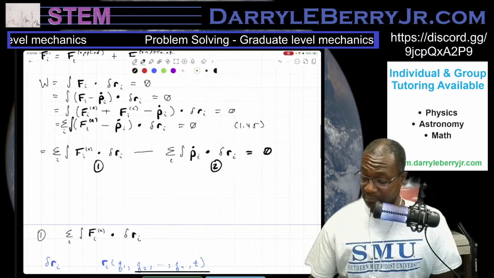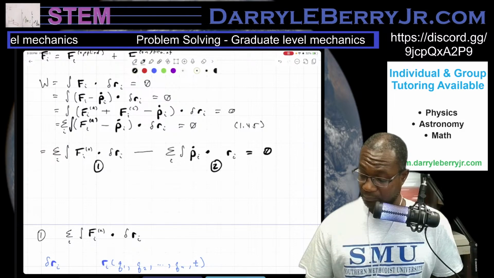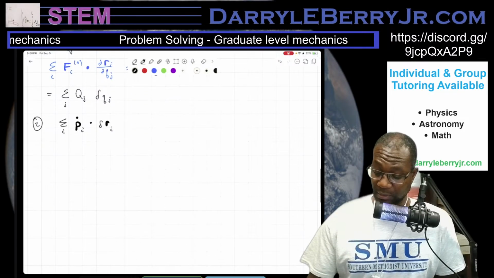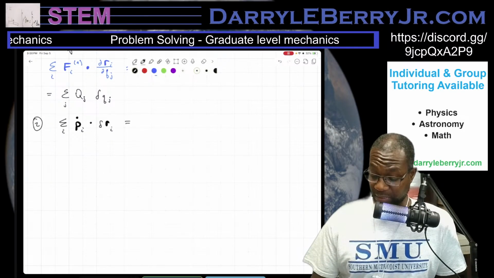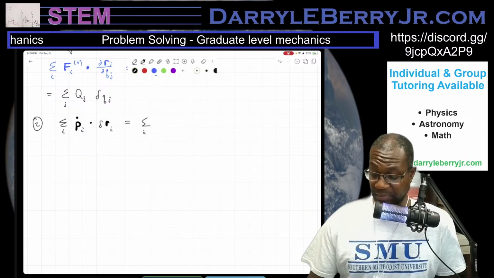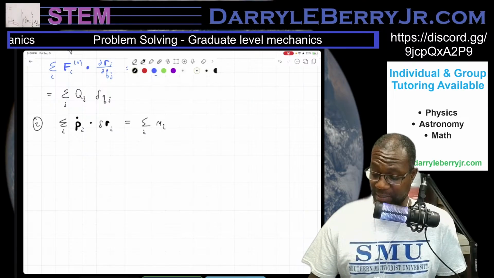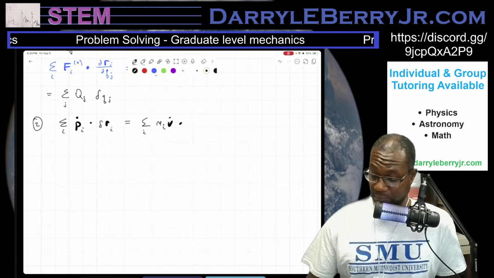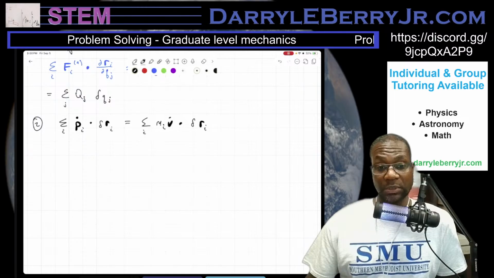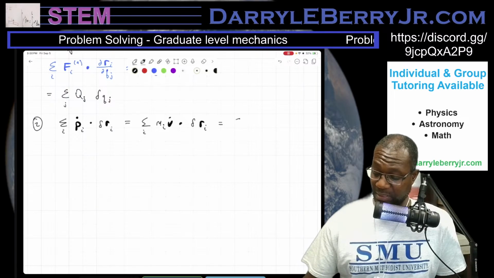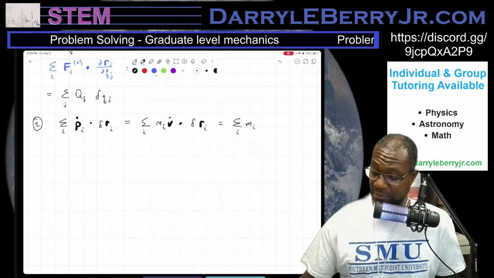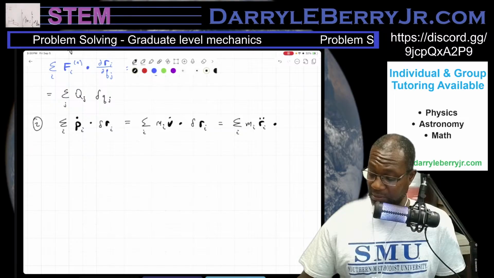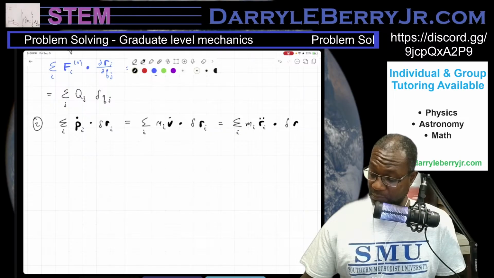So all we're doing now is extrapolating this second part. This can be broken down further into its components. We can say that m_i v dot i is the same thing as m_i r double dot i, dot producted with δr_i.